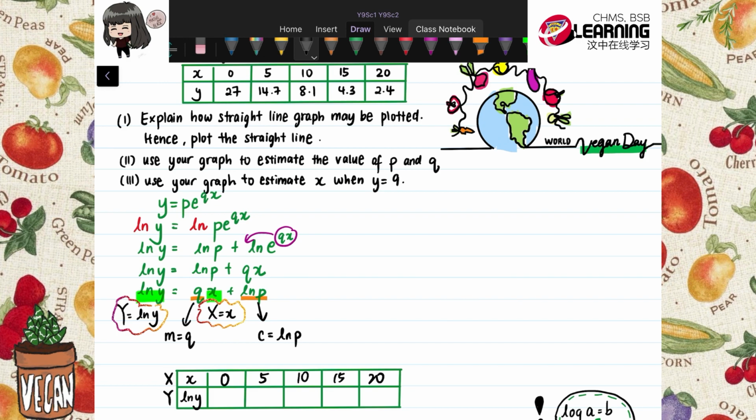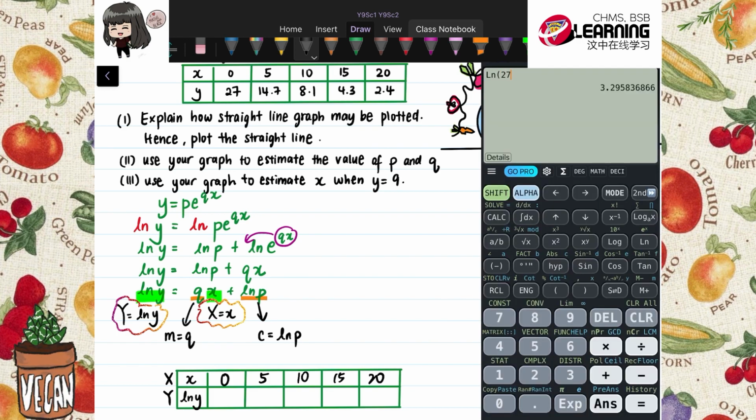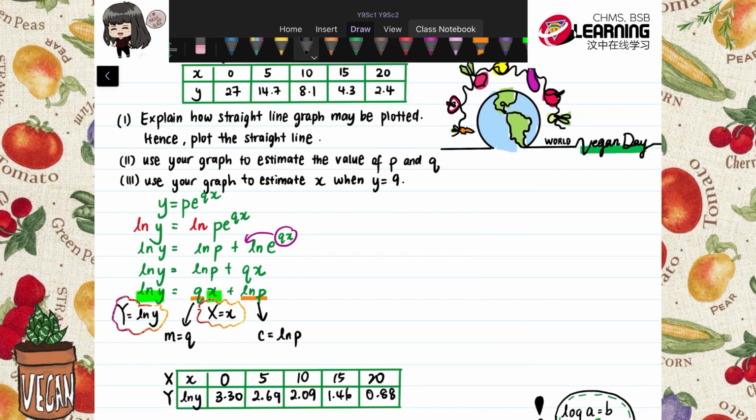So I'm going to press the calculator. ln 27 is 3.30, 2 decimal places, ln 14.7 is 2.69, ln 8.1 is 2.09, ln 4.3 is 1.46, and ln 2.4 is 0.88. Please double check for me, please press the calculator, in case mine is wrong.